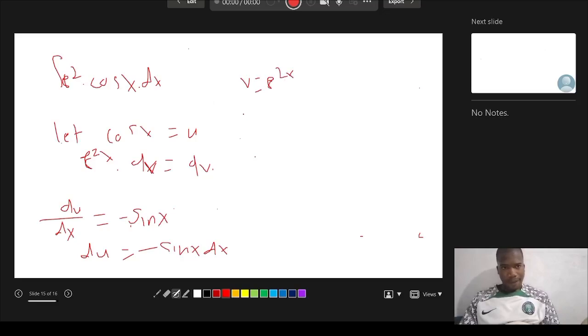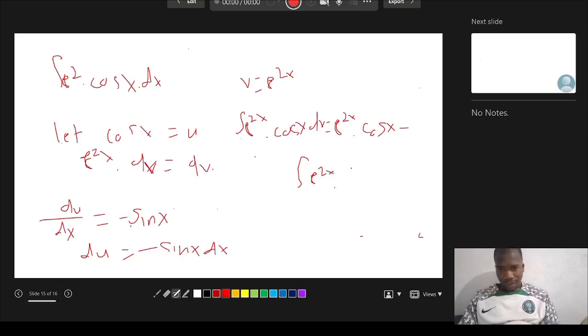So we say the integral of e to the power 2x multiplied by cos x multiplied by dx is equal to e to the power 2x multiplied by cos x minus the integral of e to the power 2x negative sine x multiplied by dx.